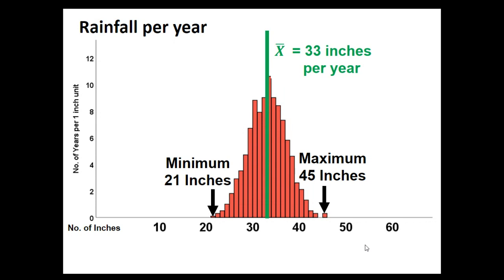Now, when we compare this red histogram with the blue histogram, we can see that the distributions they represent have the same center. That is, the mean is 33 inches per year for both distributions. However, the variability or the dispersion of the scores is much different in the two distributions.